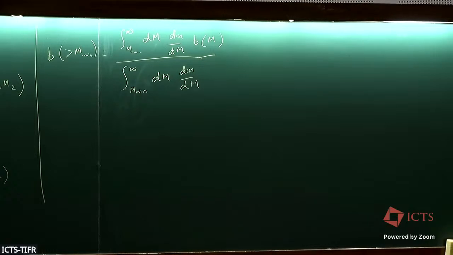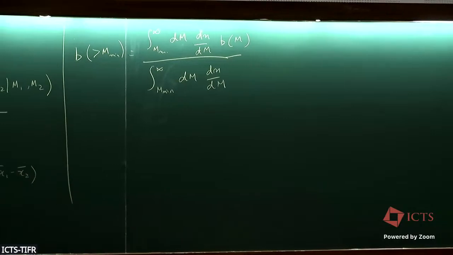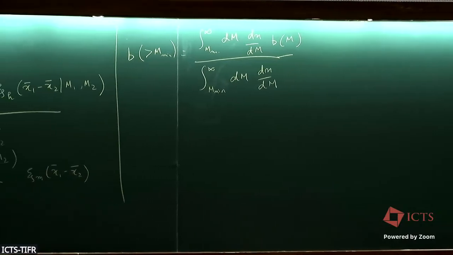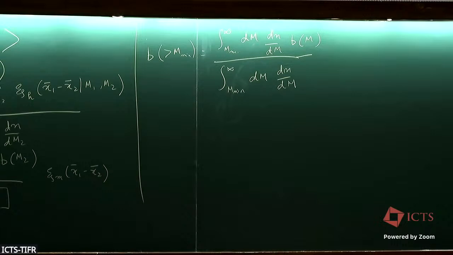This one is just a number at that redshift for a given mass range. For a more detailed calculation, this one can also pick up scale dependence, so it may not be exactly following the 2-point correlation function. However, at large scales, this is a good approximation. And that is what you will often see in your simulations as well as in observations. So that was all about clustering of halos.